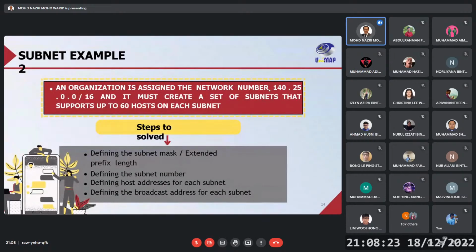140.25.0.0/16. Is this a public IP address or private? Private? Private or public? Public. Okay, what class is this, 140? Class A, class B, class C, which one?